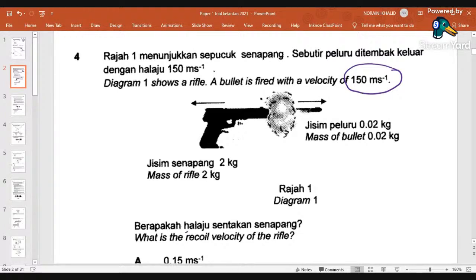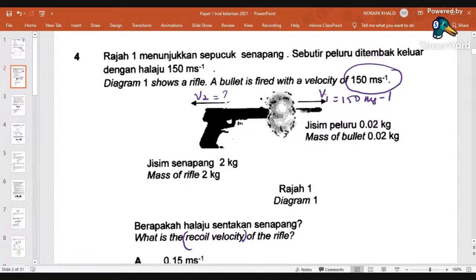What is the recoil velocity? So this is the recoil velocity. This is the velocity of the bullet. Okay, you can put as V1, here is V2. So you want to determine what is V2. V1 is 150 meter per second.